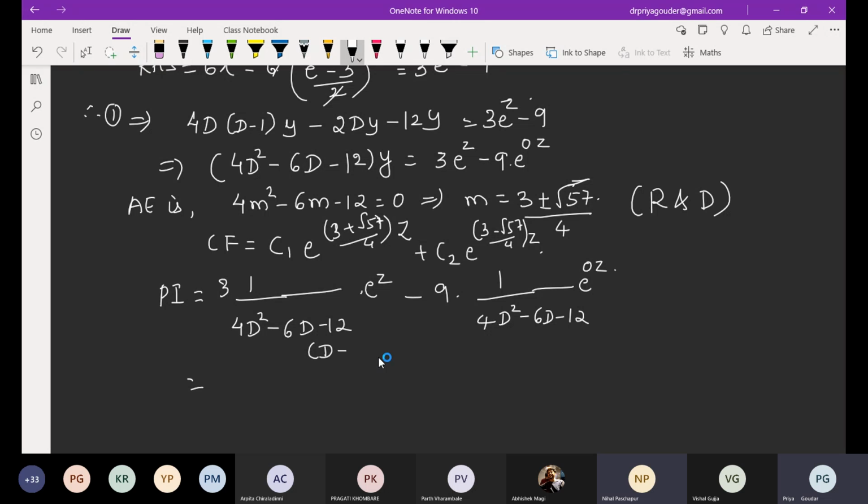D by what? For the first term, the coefficient of z is 1. For the second term, the coefficient of z is here 0. So 3 upon 4 minus 6 minus 12, because D is 1. Minus 9, 1 upon 0 minus 0 minus 12 into e raised to 0z.